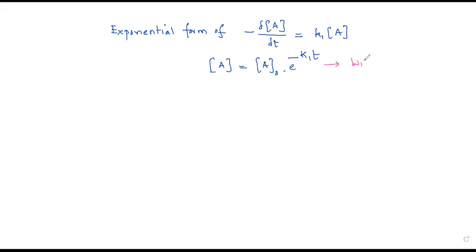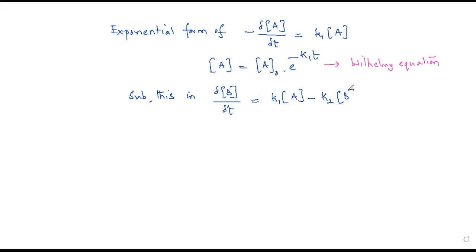You know that this is called the Wilhelmy equation. Now substituting this in the dB by dt expression, that is dB by dt is equal to formed from A, dissociated into C.